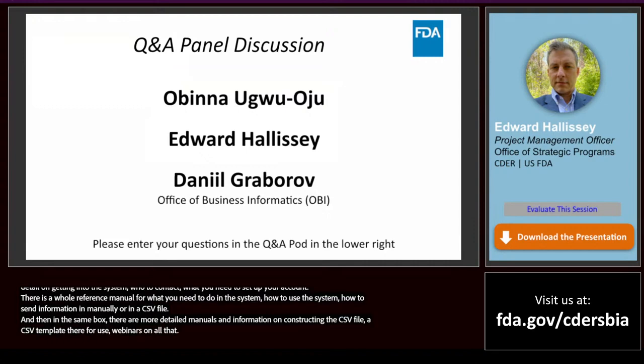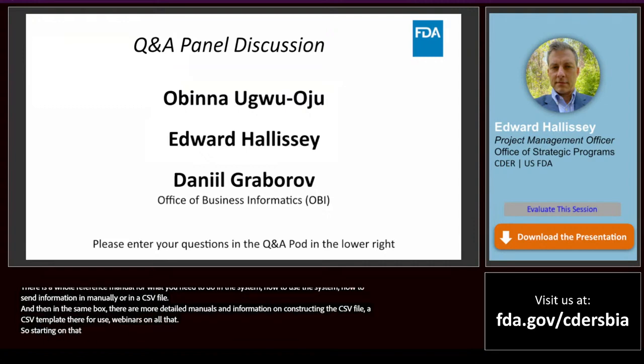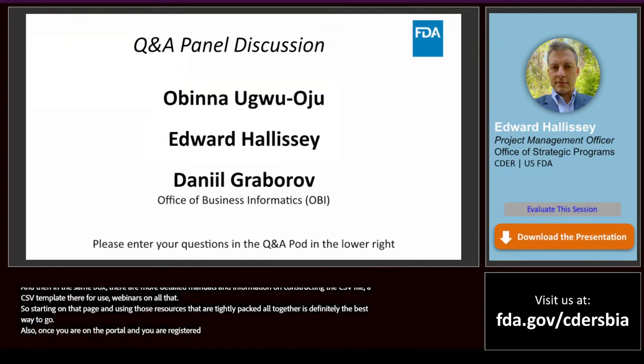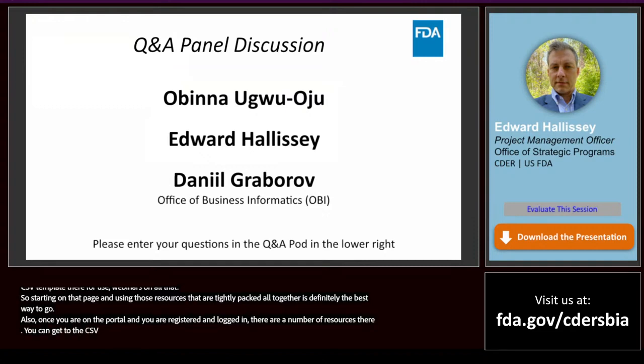So starting on that page and using those resources that are tightly packed all together is definitely the best way to go. Also, once you are on the portal and you are registered and logged in, there are a number of resources there. You can get to the CSV templates and instructions there also.